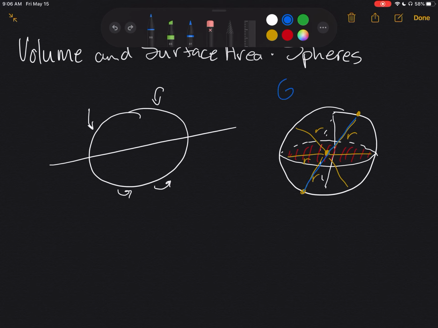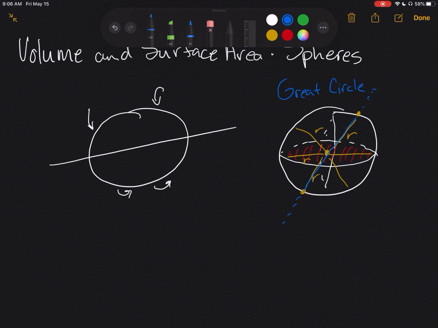Great circle. And a great circle is the largest circle that can be drawn on a sphere. The way that we know that it's the largest circle is because it goes through that center point, and so it's hitting the outsides of the circle at the widest points, and so that's what we call a great circle.